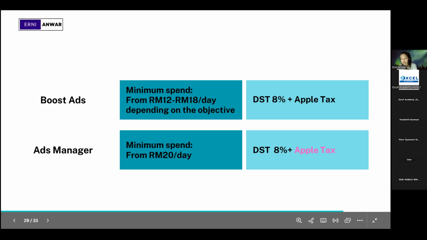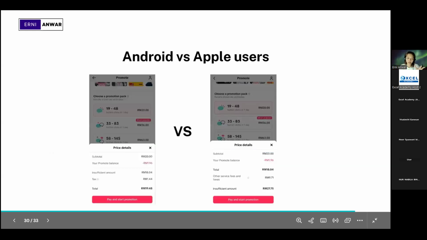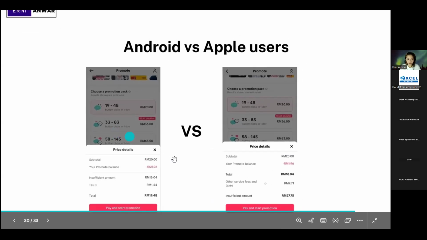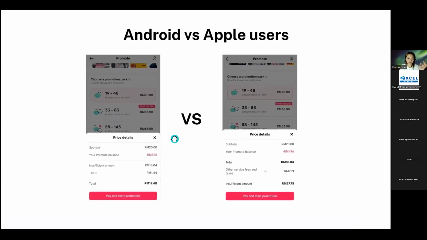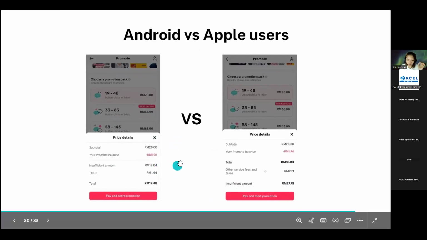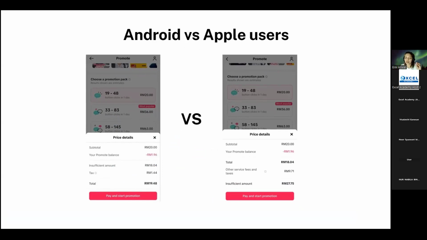This is an example: Android versus Apple user. This is the Android user. The same campaign, the same creative, the same everything. You can see the same 20 ringgit, and then I got a promo balance of 1.96 ringgit, minus it.